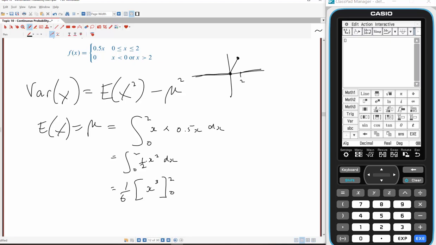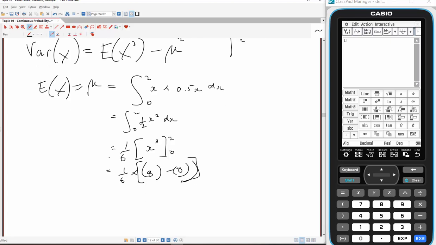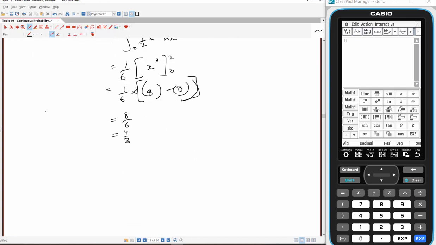Let's just check that: raise it, divide by it, which is multiply the reciprocal, 1/3, 1/6 comes out the front. Then we pop our terminals in, so 2 goes in, 1/6 times 8, take away 0, which is 8 on 6, which is 4 on 3. So that's our expected value.